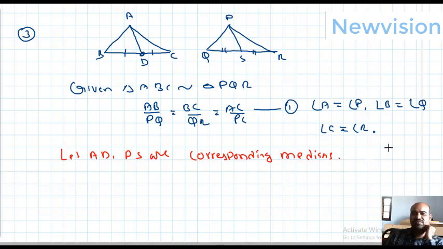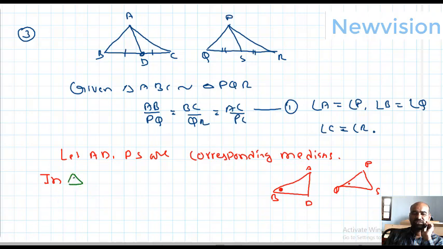Interesting one, this interesting one. Okay. Now I want to take two triangles here. This is one triangle named ABD, and this is PSQ. I want to prove that these two are similar. Already angle B equal to angle Q. I will write: in triangles ADB, PSQ, now I want the comparison.